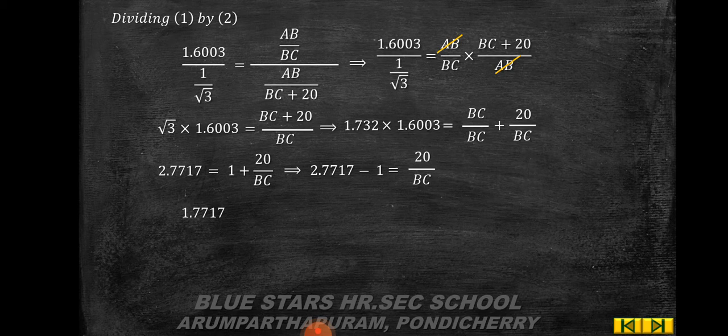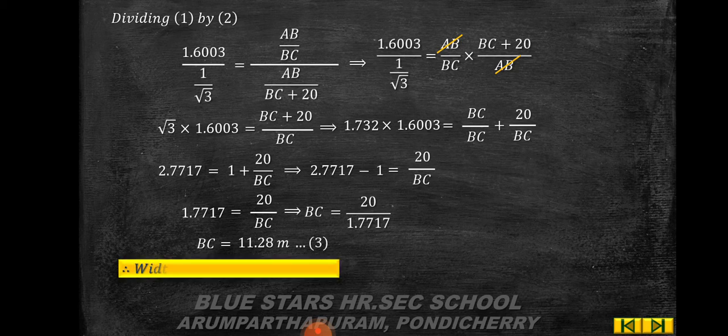Therefore 1.7717 is equal to 20 by BC, which implies BC is equal to 20 divided by 1.7717. So the value of BC is 11.28 meter, which is your equation number 3. Therefore, the width of the canal is 11.28 meter.